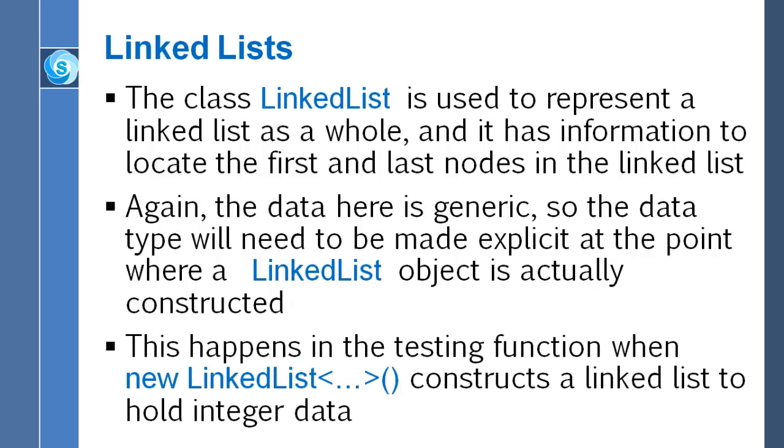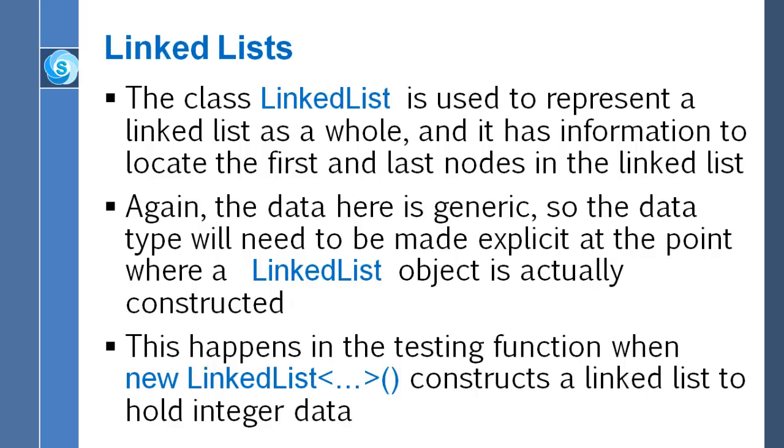Okay, if you look in the testing code, go down to the code that is used to test all of this stuff, and towards the top of the testing function, you'll see new linked list, angle brackets, and inside there it'll specify integer data, parentheses, parentheses.